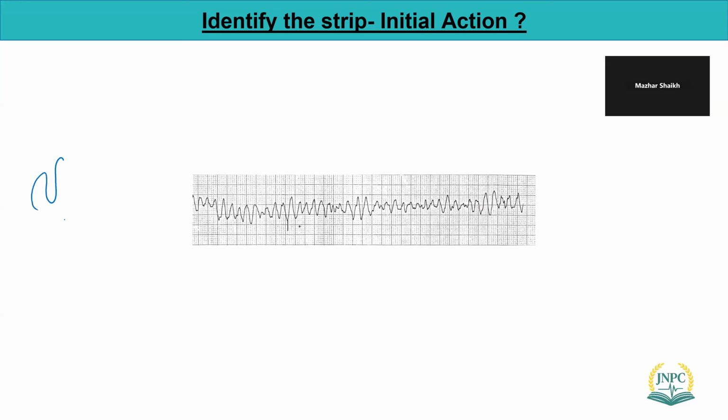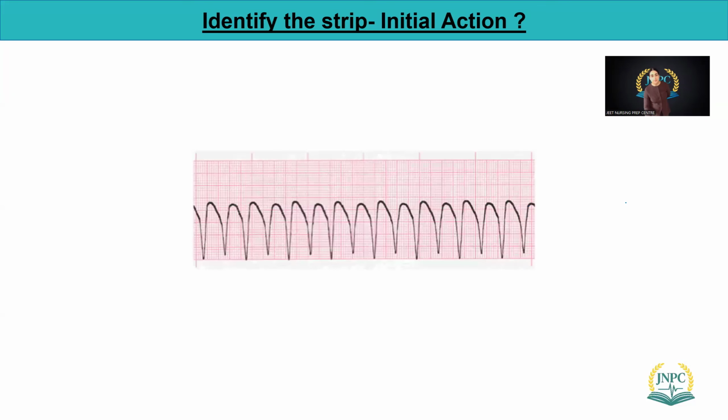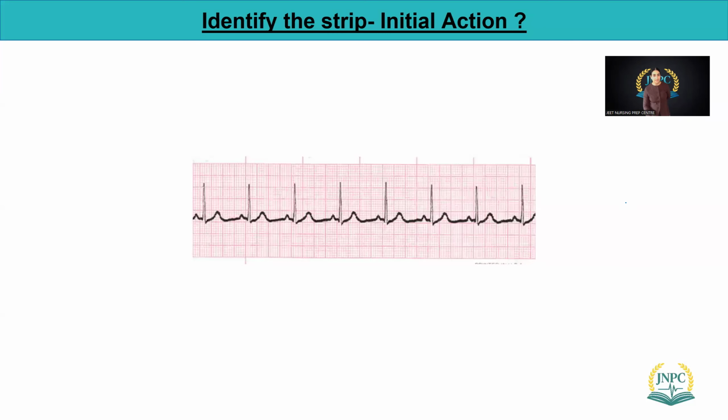Torsades was something like radio waves, right? They have some sort of pattern, but this does not have any pattern. So this is VFib. And this is tombstones, ventricular tachycardia, VTAC.